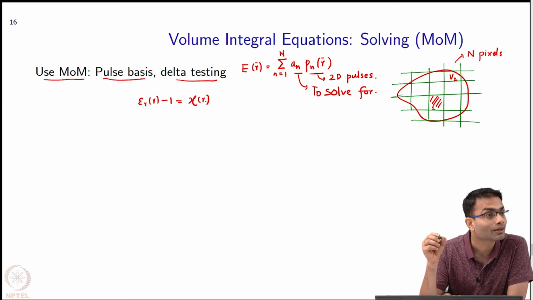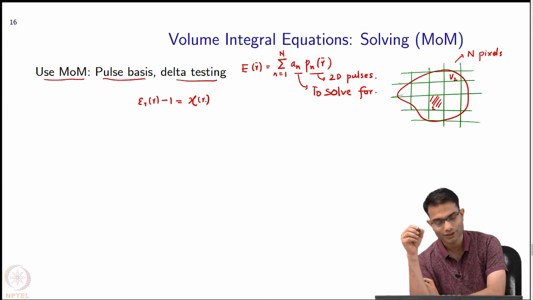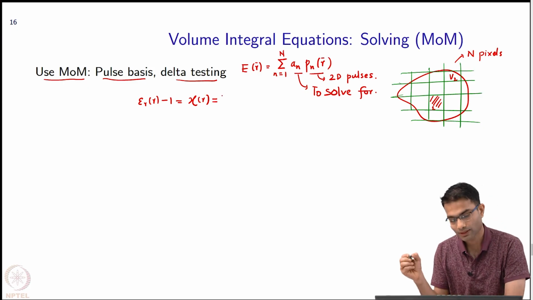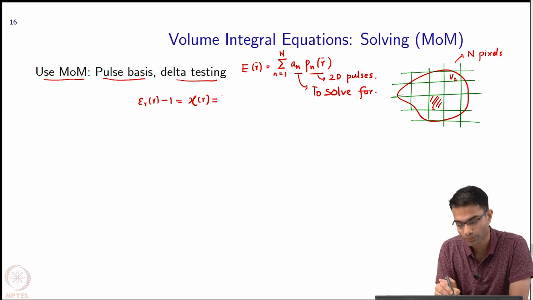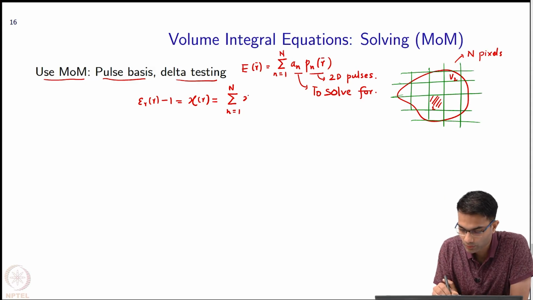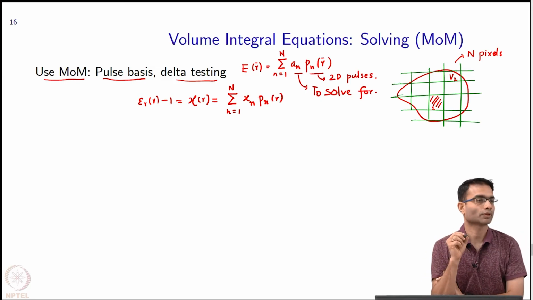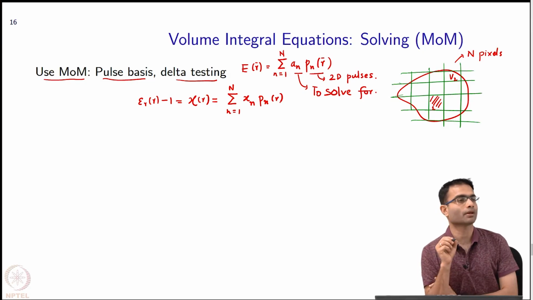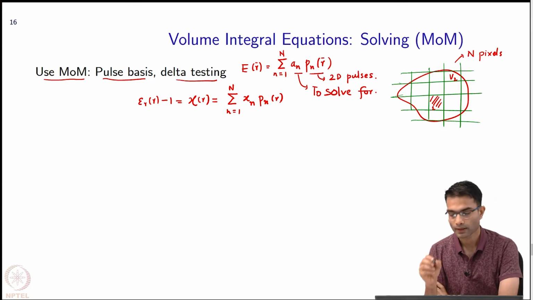You can call it susceptibility. Which is going to be also written as a sum over n from 1 to N, right. So, I will call it chi_n P_n(r). This is just a discrete representation of permittivity.